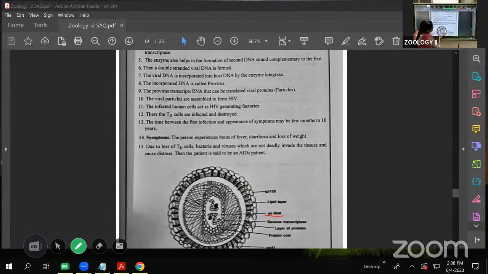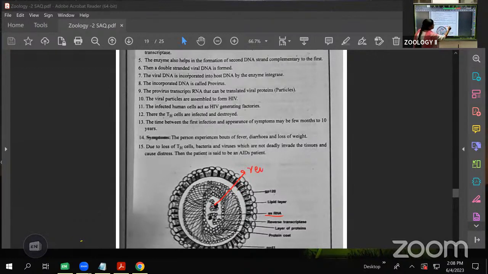Sorry, first the ssRNA is surrounded by the protein coat, and the protein coat is surrounded by the lipid coat. Here, this is the genetic material, ssRNA. This dark structure is called the reverse transcriptase enzyme.